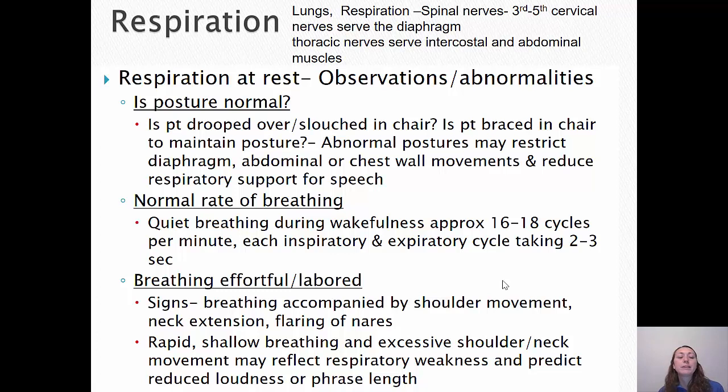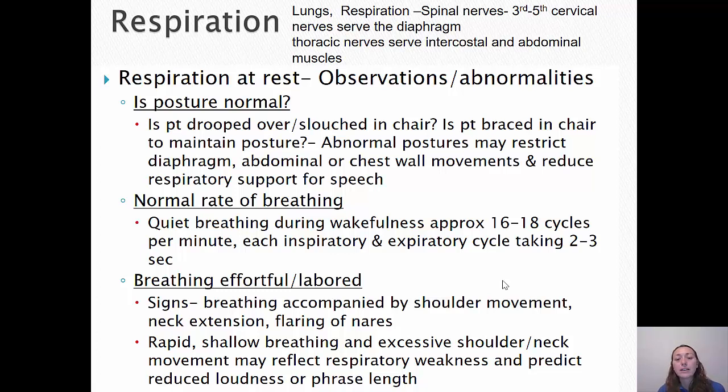Typically, when we're talking about the patient populations we serve for dysarthria, more medically complex patients, how many breaths per minute, cycles per minute becomes a little bit more important if we're talking about someone who has a paralysis, or a neurodegenerative population where breathing is inefficient. So their breaths per minute are increased, their respiratory rate is increased to try and make up for that, trying to compensate for that inadequate breath support.